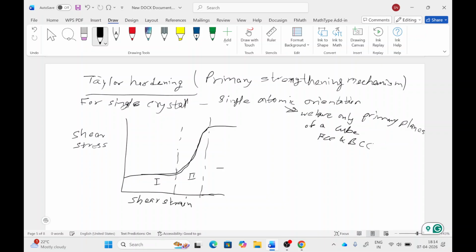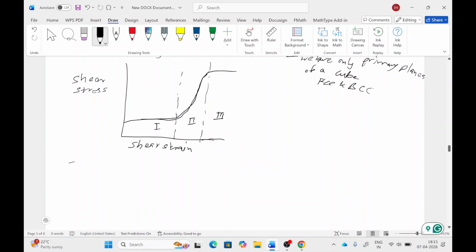First, second, and third. In the first region, only slip systems which have the lowest critical resolved shear stress will activate first and deformation occurs. Slip system with lowest CRSS activates and deformation starts.